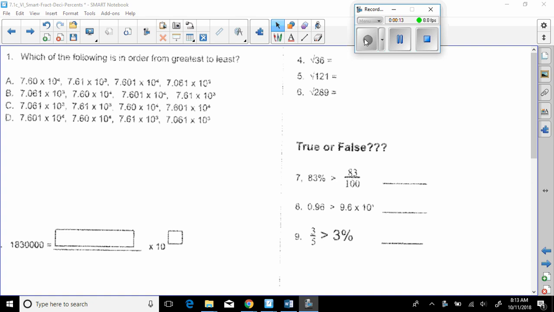So the first one, number one, you had to put the scientific notation in order from greatest to least. Okay, there's two ways you can do this. You can kind of eyeball it by looking at each one.